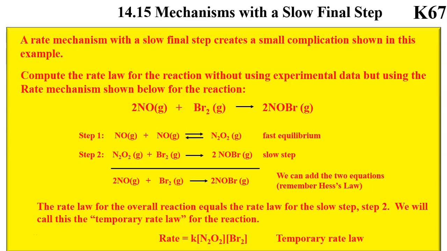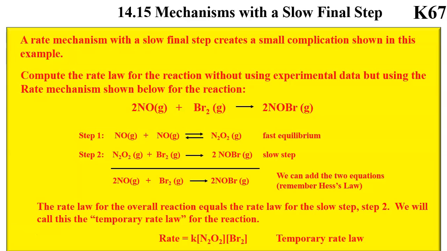So here's what you will see. If you look at this slow step, here's what complicates this problem: if step 1 is the fast step, it's going to be producing its product, N2O2, very quickly. But the second step is really slow to pick up that N2O2. The slow guy is slow to grab that N2O2 and put it into the step 2 reaction.